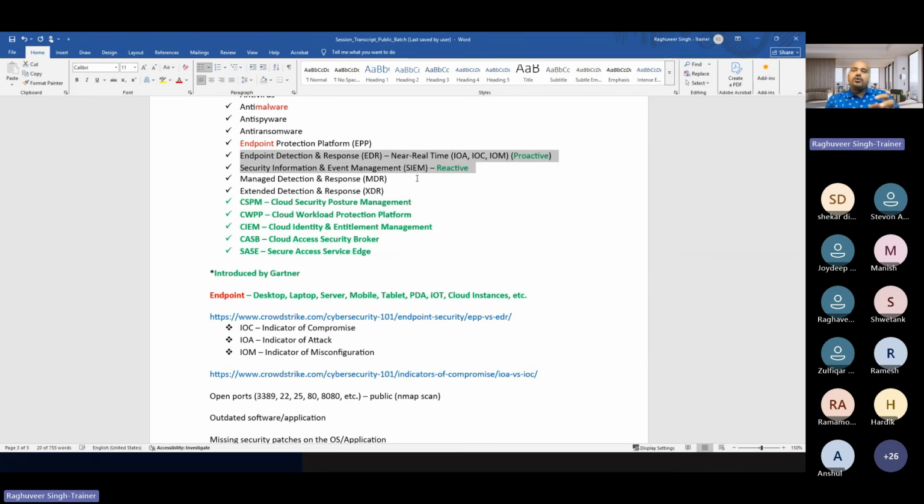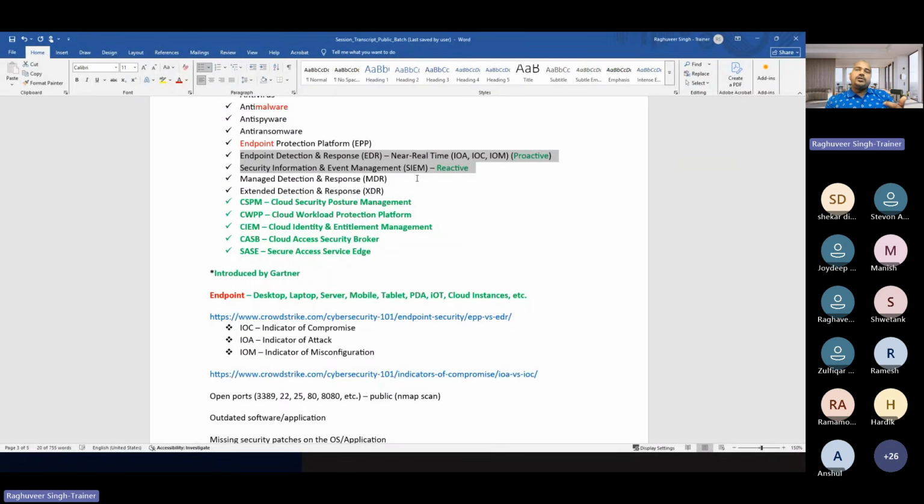So multiple security solutions like firewall, IDS and IPS capability, VPN capability, they're all network security services, identity and access management security services. So combining multiple security services into one dashboard is what XDR is all about.